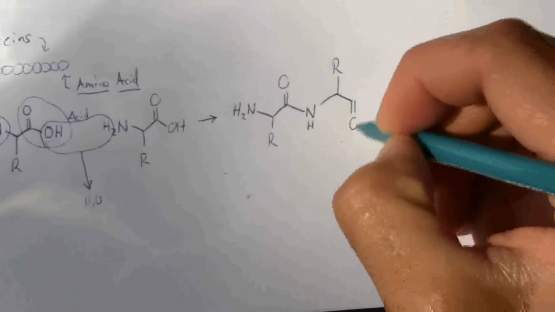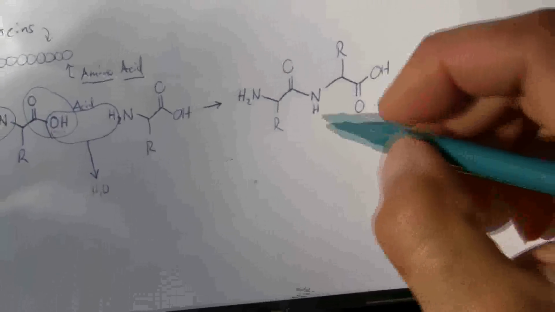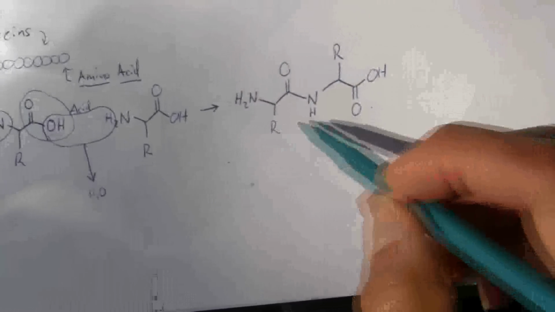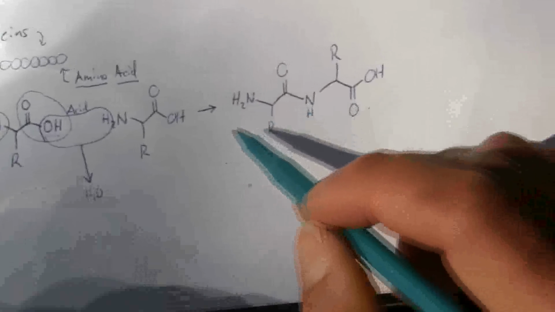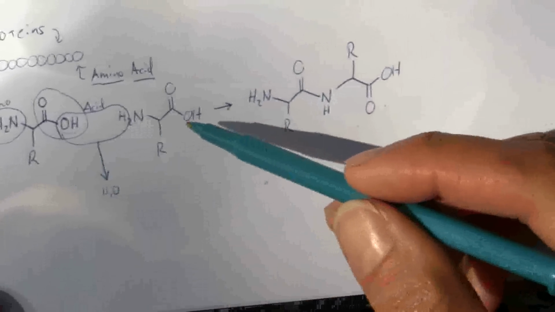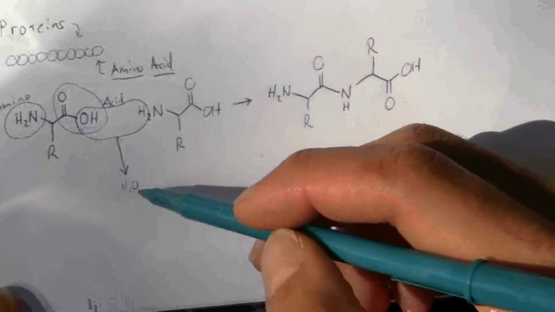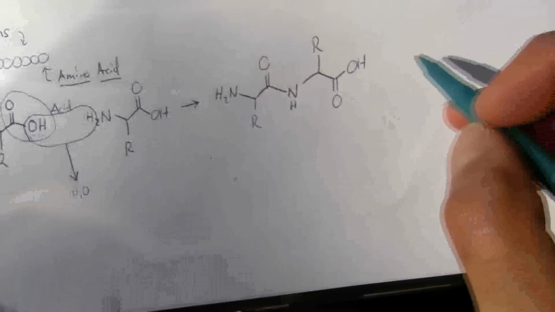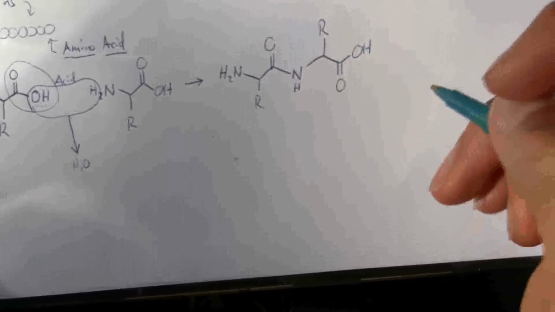All these bonds rotate, so it's not terribly important how I draw that. But here we have now the combined amino acids, just losing that water molecule. So that's what happens. One after another comes next to it, loses a water molecule, and gradually the protein is built.